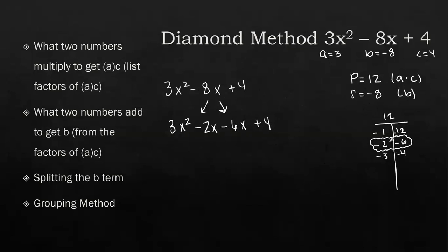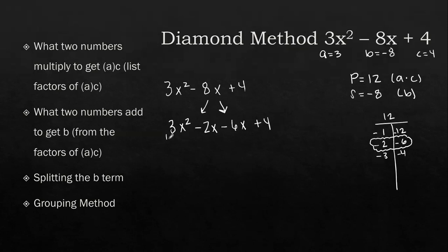And the reason I can do this is because negative 2x and negative 6x would combine to give me negative 8x. May I move forward?